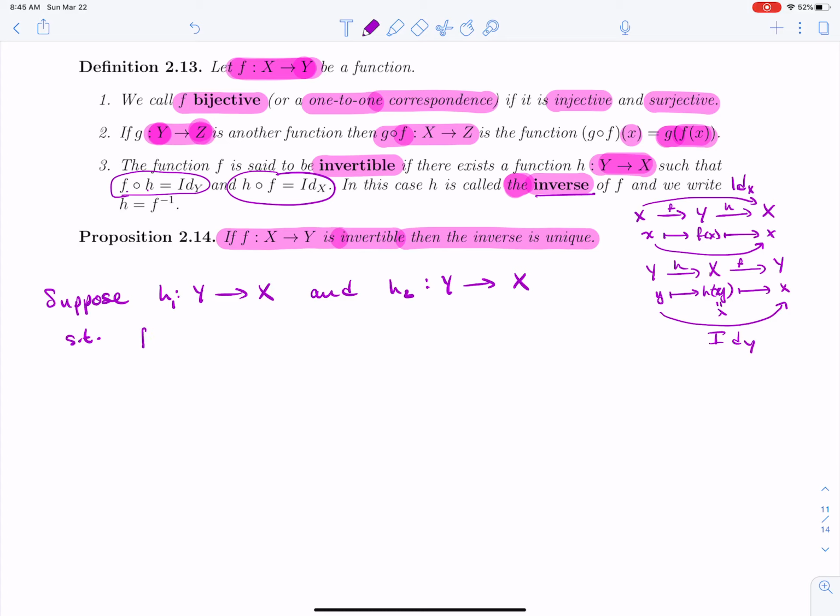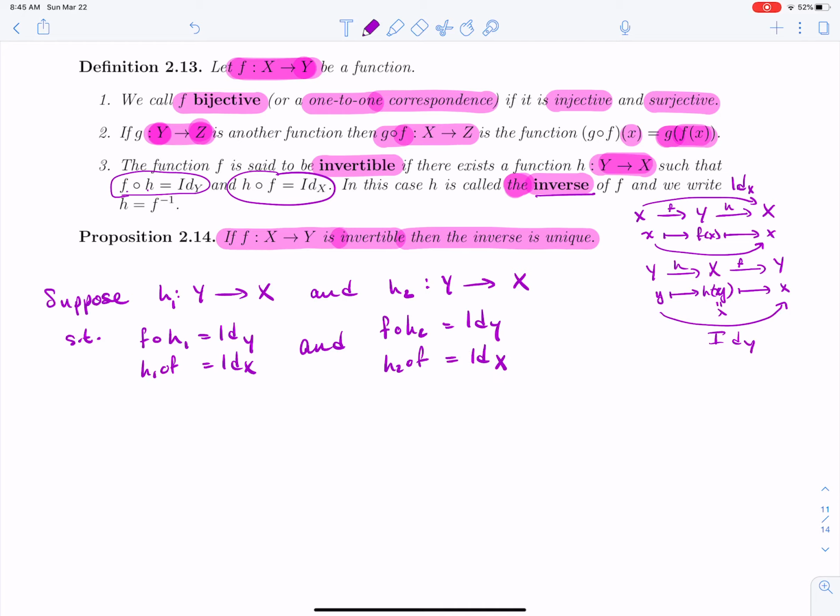It says that f following h1 is the identity on y, and h1 following f is the identity on x, and f following h2 is the identity on y, and h2 following f is the identity on x.